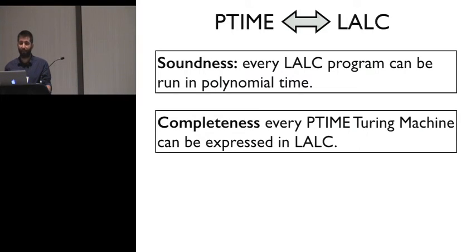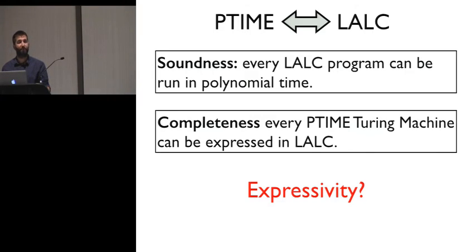Now, if we look at the completeness, this is not what we would like, because it goes through an encoding of Turing machines. And this is something that doesn't tell us anything about the expressivity of the language, about the kind of programming primitives we have in the language for writing our programs. And this is the kind of question our work tried to address.